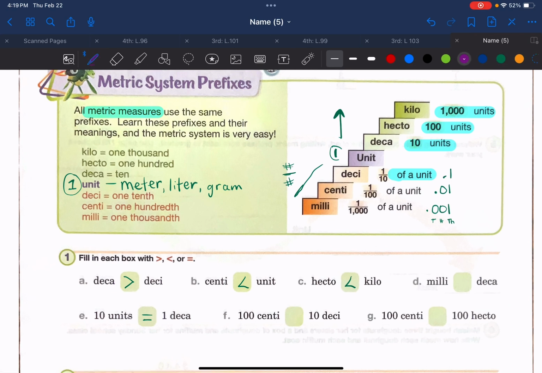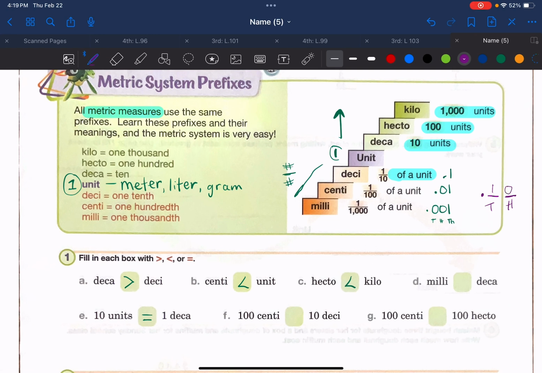If I have, here is my hundredths place, so my centimeters. This would be the hundredths, this would be the tenths. So I could have 1, I could have 2, I could have 3, I can have any number, but as soon as I get to the number 10, then I have to come over here like this, which becomes 1 decimeter.